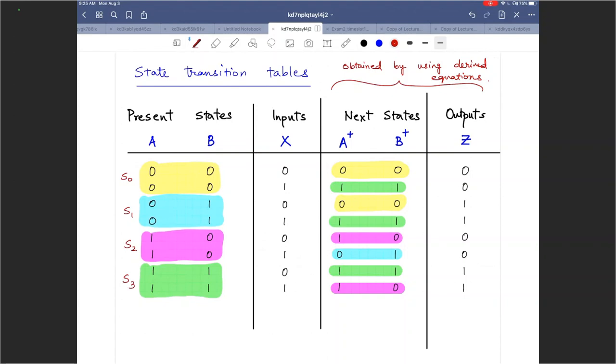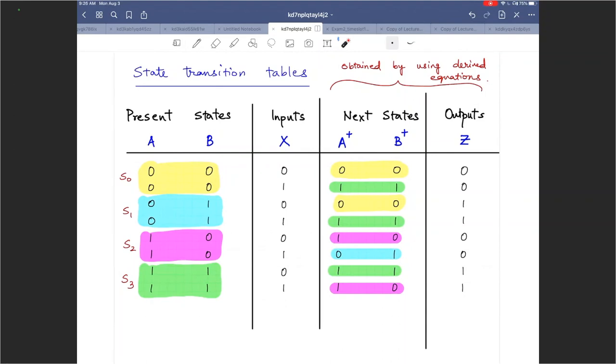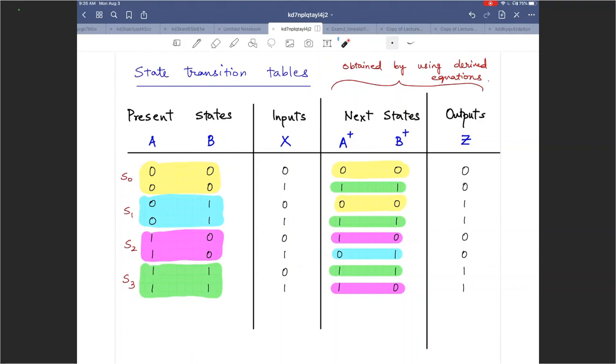So now what you have is a state symbolic table, right? Let's see here. Now using that, I can sketch out the Moore machine.